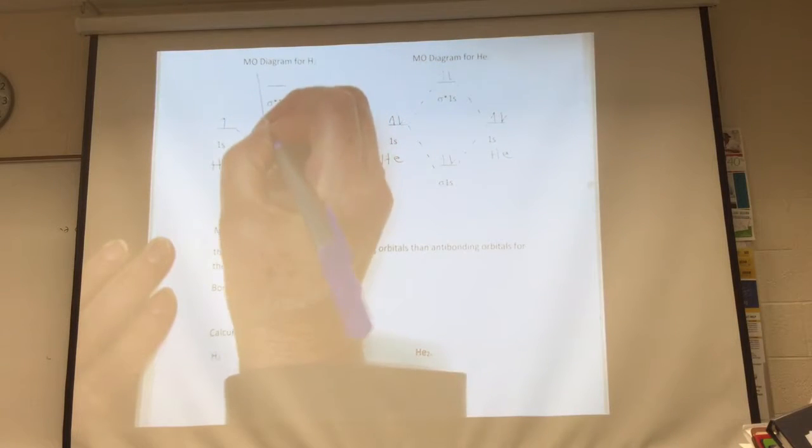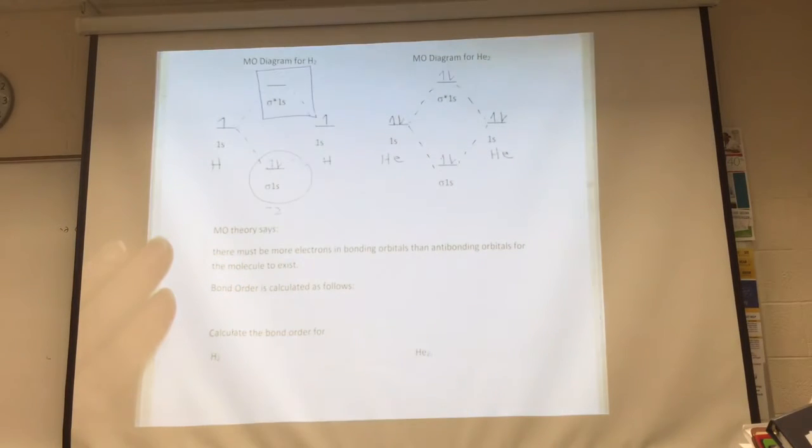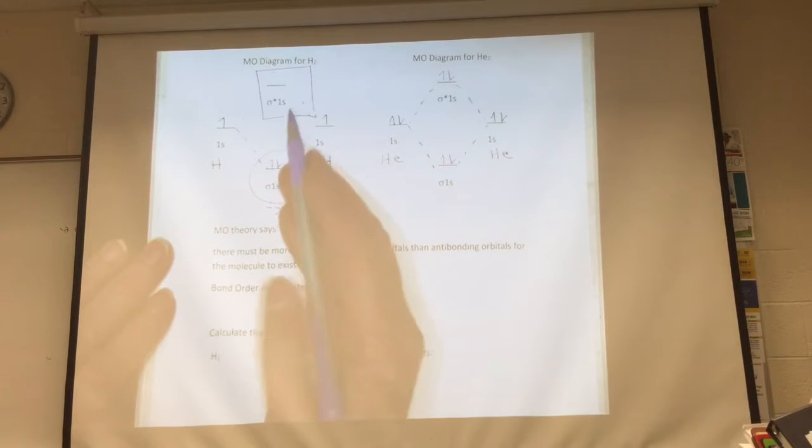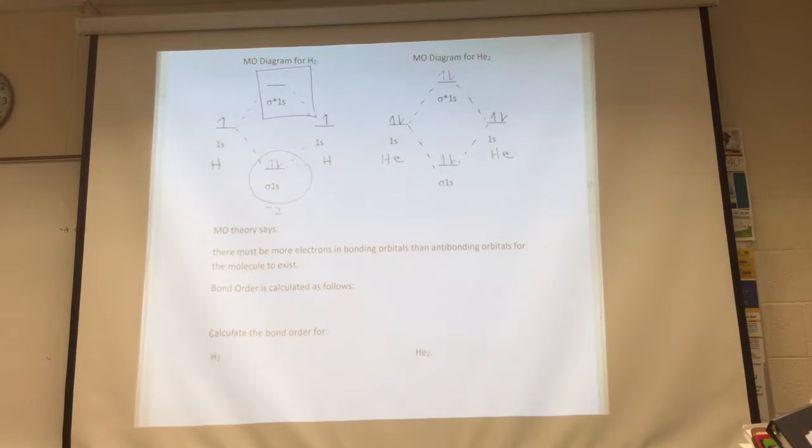The sigma star 1s is an anti-bonding orbital. I have 2 electrons in a bonding orbital, 0 electrons in an anti-bonding orbital. Is 2 more than 0? Yes. So we would expect that this molecule would exist.